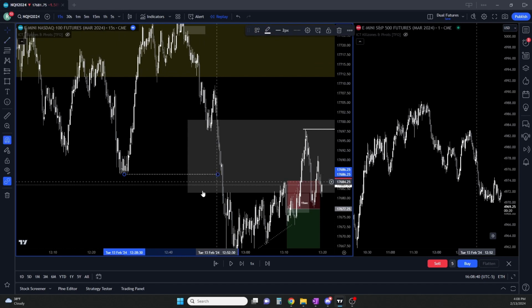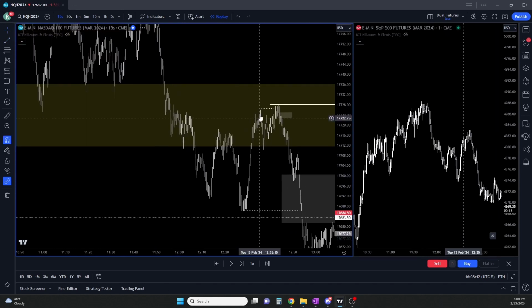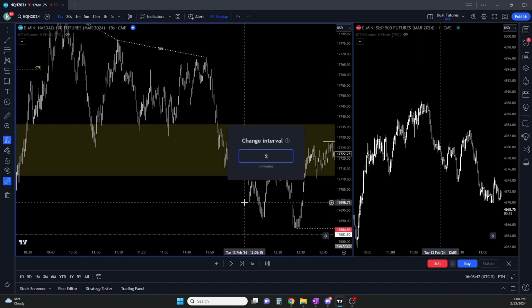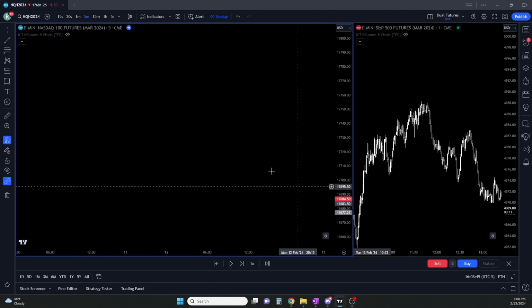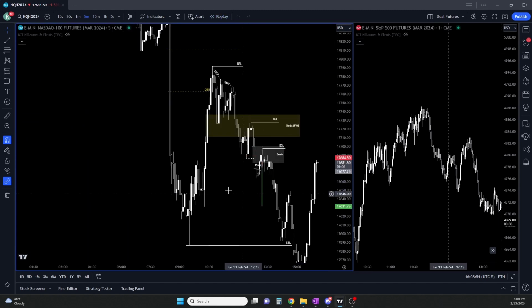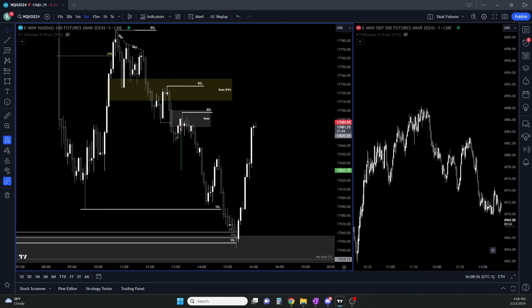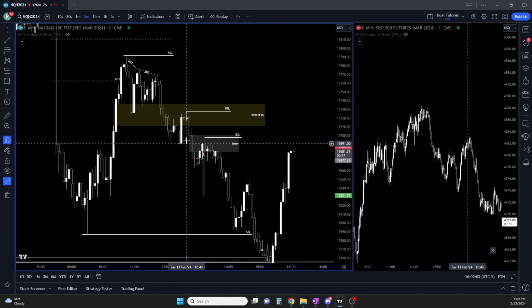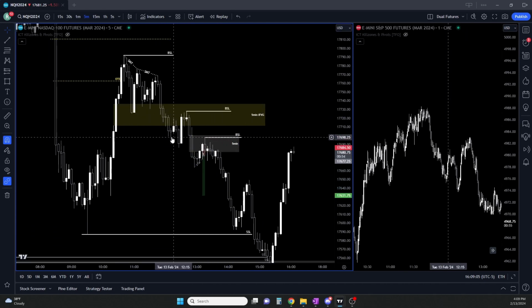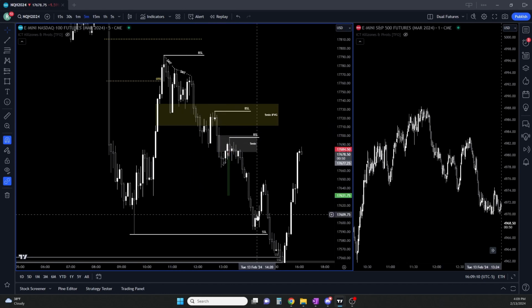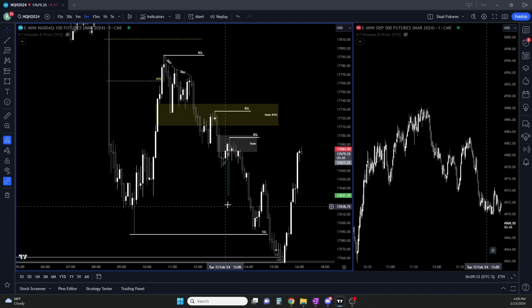Once we started to displace, I felt like I missed plenty of opportunities in here, and if you zoom out to the 5-minute, at this point in time I was feeling a little upset, I won't lie. I felt like all the good opportunities to enter pretty much happened, and now we're just going to speed up to the downside, and I basically missed the move.